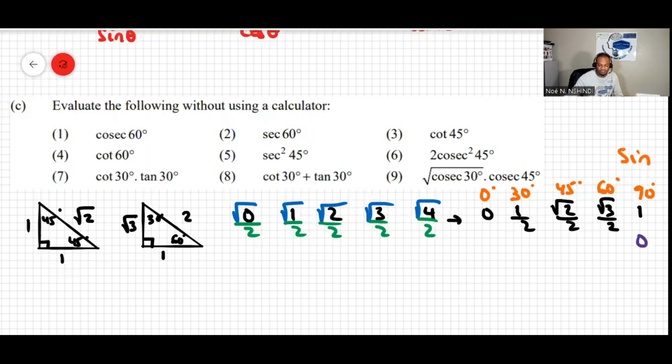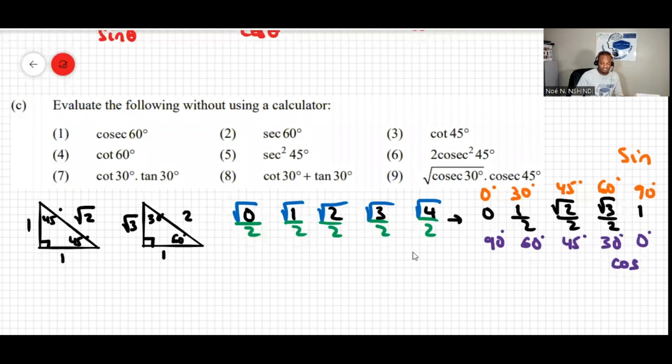So 0 degrees there, 30 degrees there, 45 degrees there, 60 degrees, and then 90 degrees. So that's for cos. Now, we can use this information to answer the question.